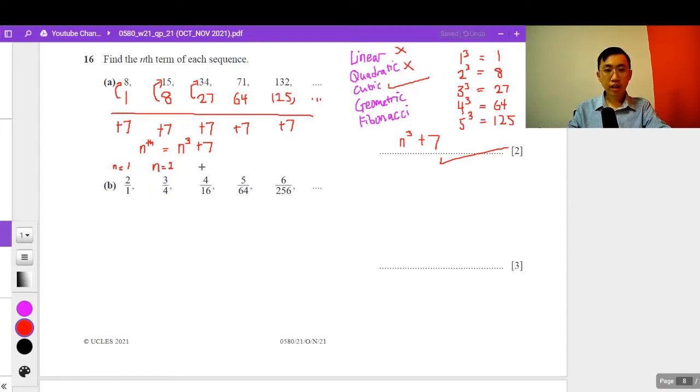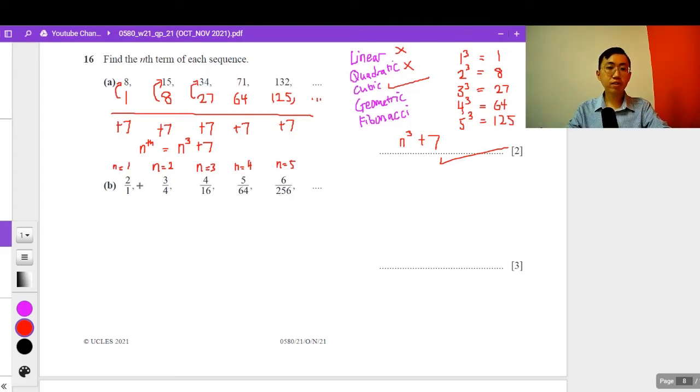Sorry, n equals to 3 for this positioning, and so on and so forth. So this position is n equals to 4, n equals to 5. To do a fraction kind of sequence, you need to divide the top numbers as one set and the bottom numbers as another set. So you focus on the top part and the bottom part separately.